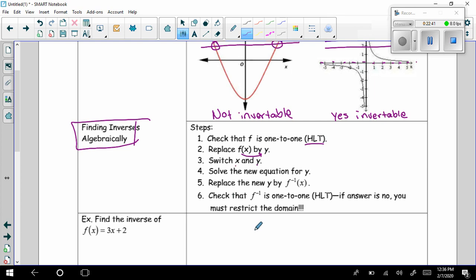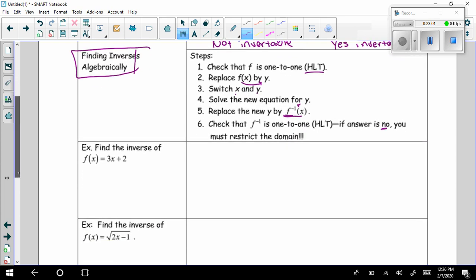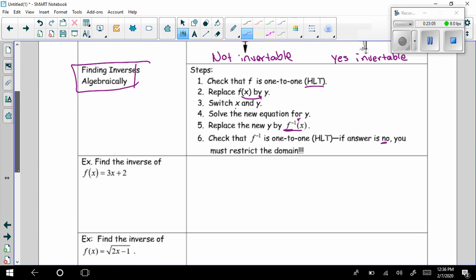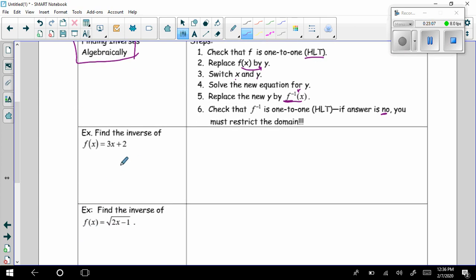Solve it, get it back into y form, and then rewrite it into function notation but use the inverse notation. Make sure that it is one-to-one, it passes the HLT, but if it doesn't, then we need to restrict the domain so that it remains a function. We want our inverse to be an actual function. All right, so what I mean by that, let's go ahead and do this algebraically step by step.